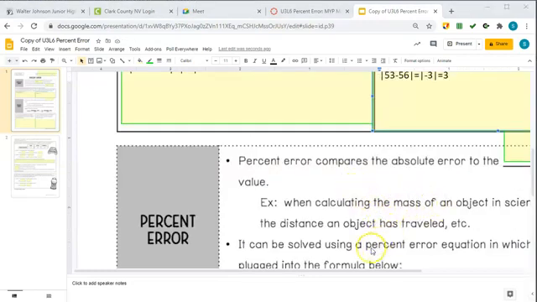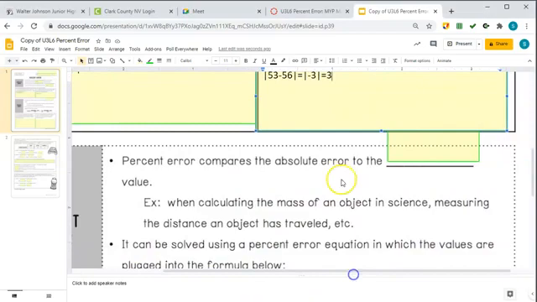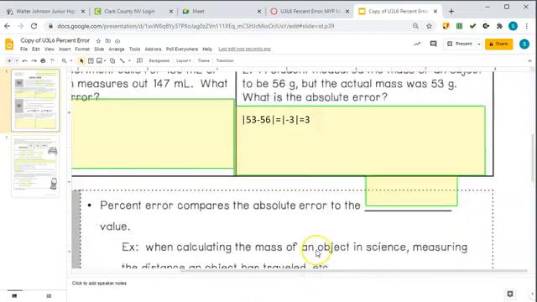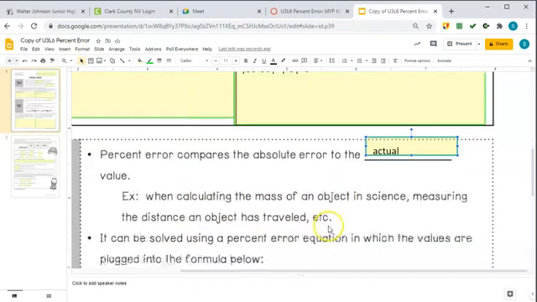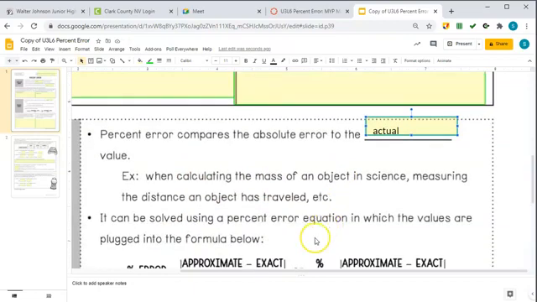Percent error compares the absolute error to the actual value. Make that a bit smaller. It's in the line. Alright, so when calculating the mass of an object in science, we're often going to be interested in the relative error.